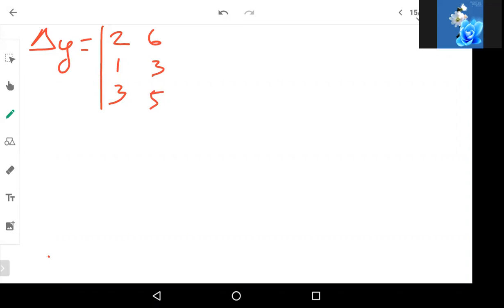And the z values will remain the same. What were the z values there? Minus 1, 2 and 0. So this is the determinant to find delta y. Understood how to find the determinant?